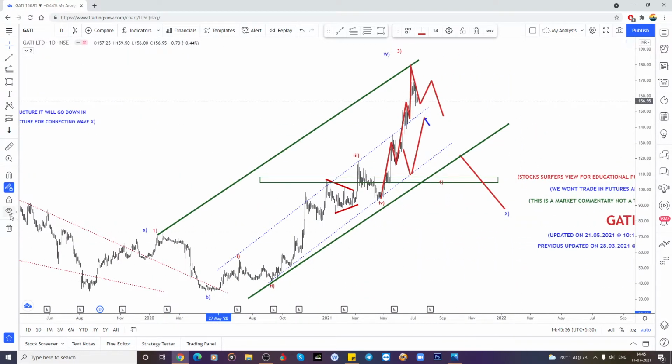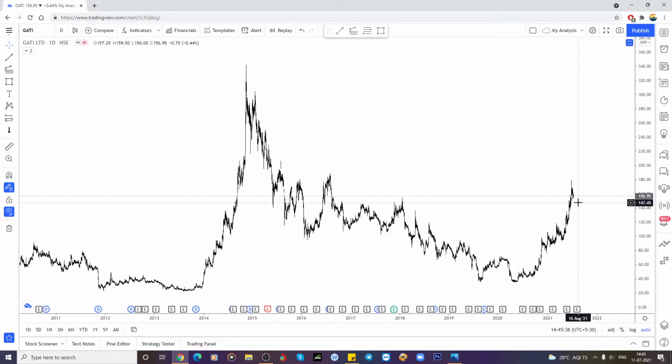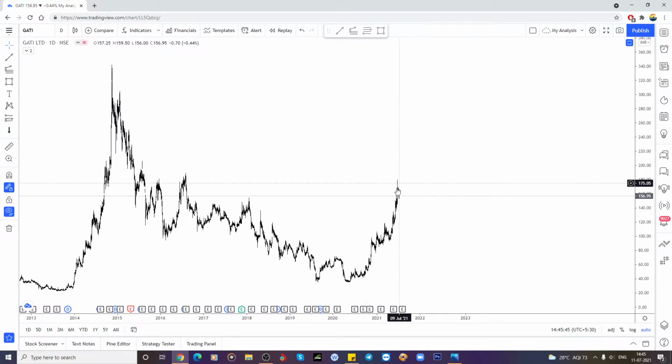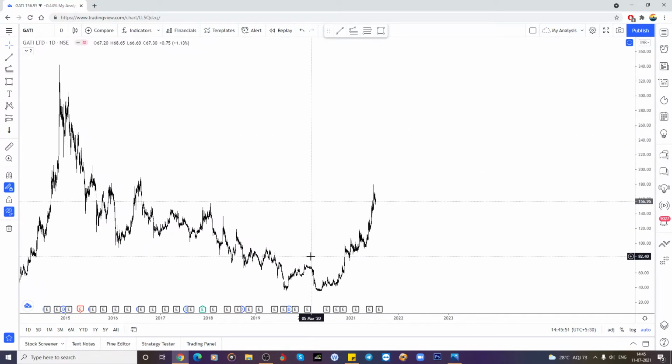So whether this is the third wave or it is making something of a diagonal triangle, an ending diagonal, ABC is a 1, and then again the deeper ABC is a 2, and after that ABC is a 3, like that it can go. Or this is the wave 1, this is the wave 2, this is the wave 3 and 4 and 5.